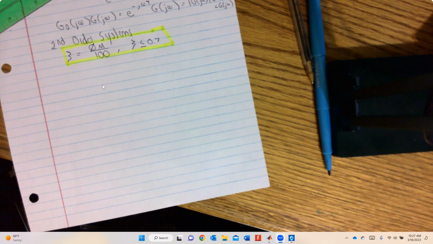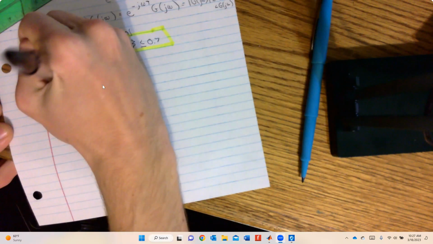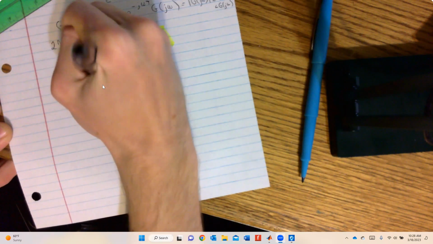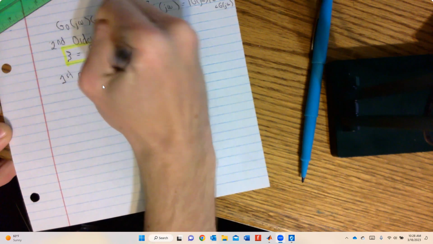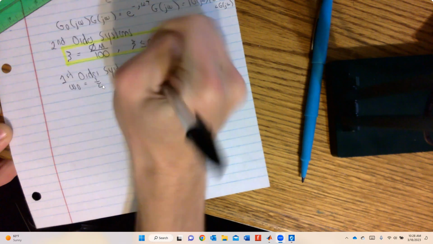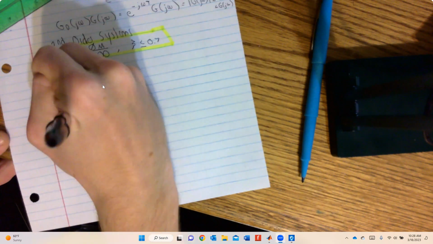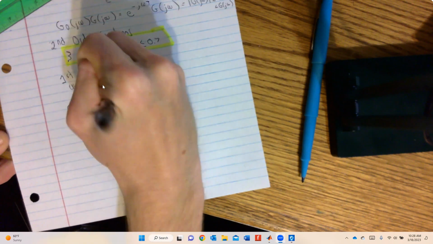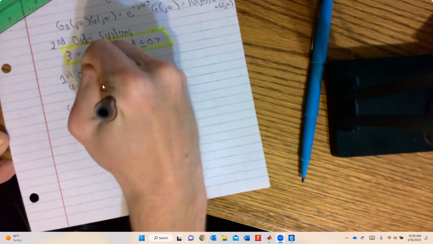And so what we basically see is the bandwidth of first versus second order equations. The cool thing for first order systems is the bandwidth is usually equal to 1 over tau. Because remember, for a first order system, G(s) is equal to K over tau s plus 1.